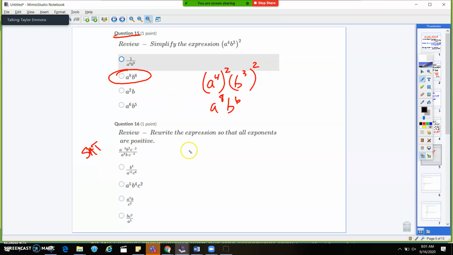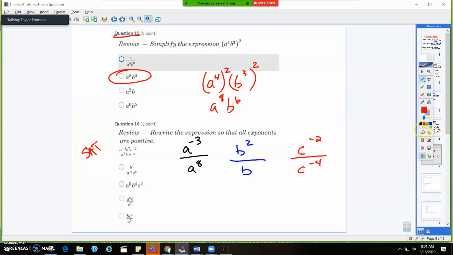So we've got a to the negative third over a to the 8th, and then we have b to the second power over b to the first, and then we also have c to the negative second and c to the negative fourth. Okay, so we've kind of separated them, and we're going to put them back together at the very end, but we're going to do some finessing first.